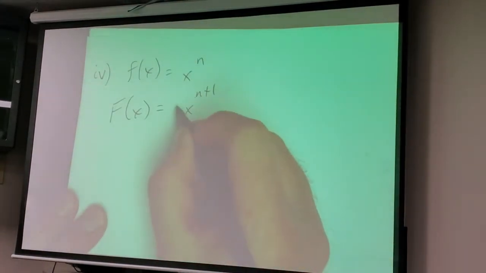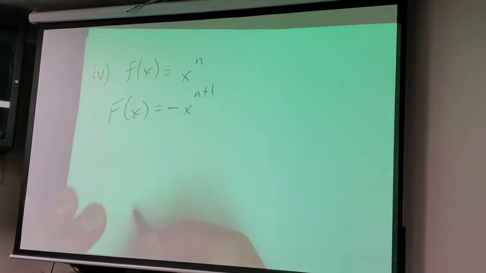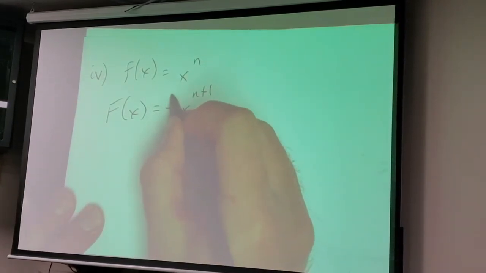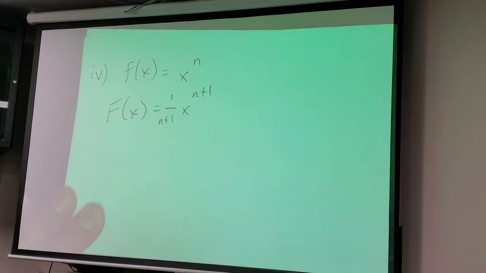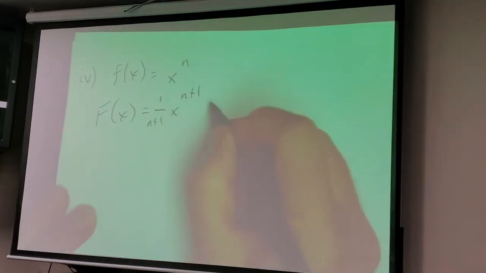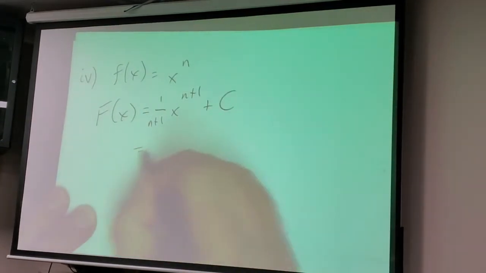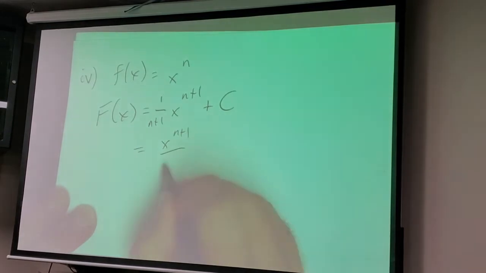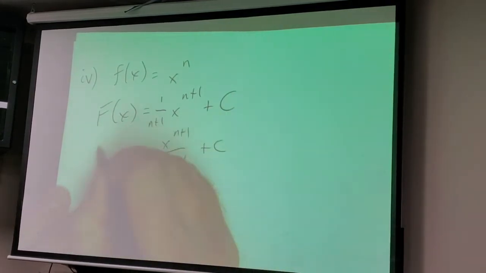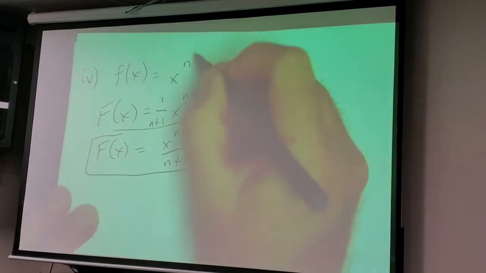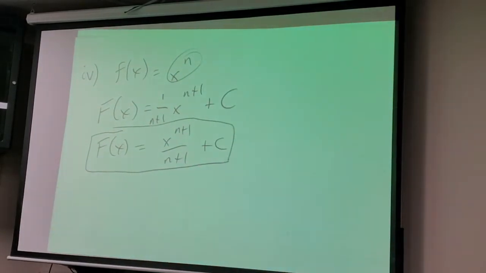But then what has to be out front? Yeah, 1 over n plus 1. I like it. And of course, bam. And we normally just write it like this. That is the antiderivative rule for any polynomial-looking piece.